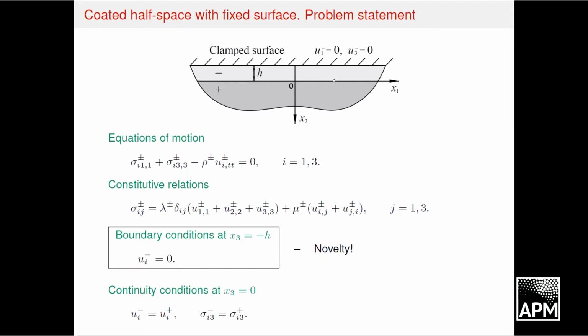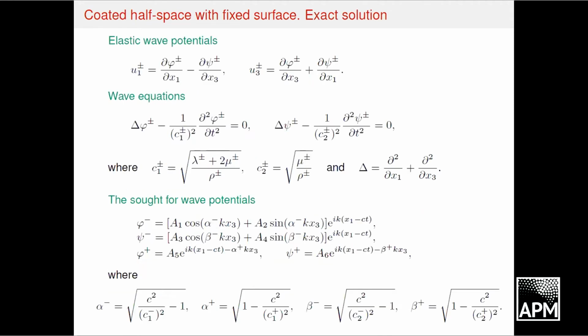This is our formulation. So if we decompose our problem into linear elastic potentials, the usual format, then we are rewriting the equations of motion as wave equations for the potentials. Here C1 and C2 will be the wave speeds. Here they are, and the Laplacians.